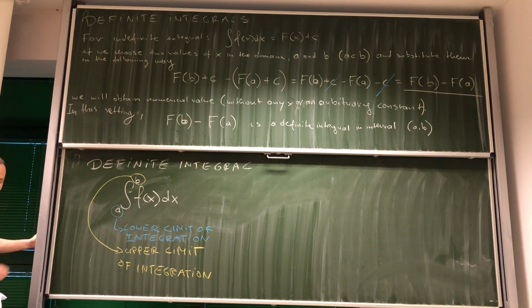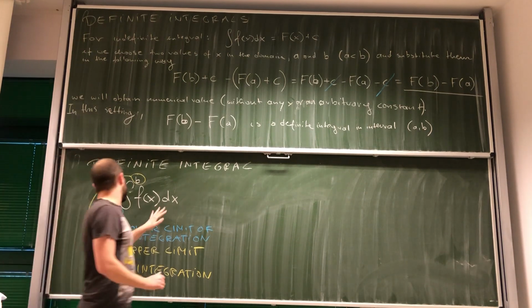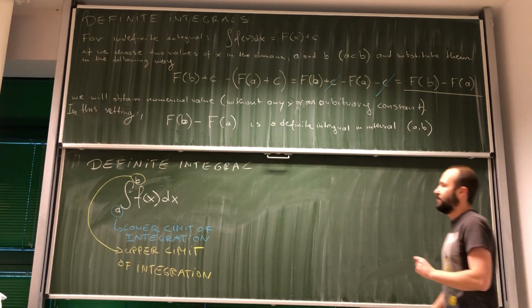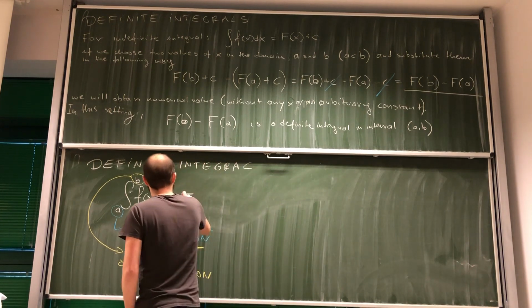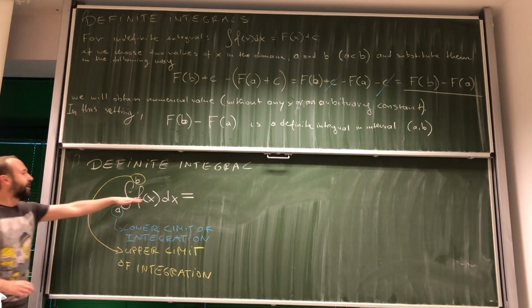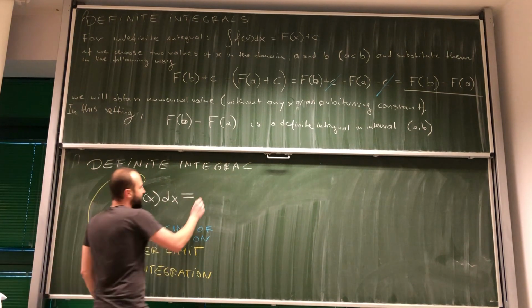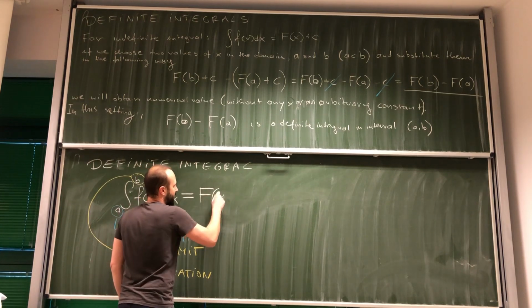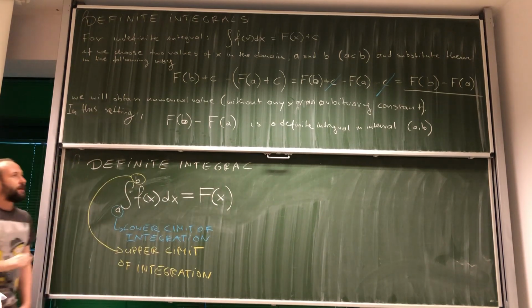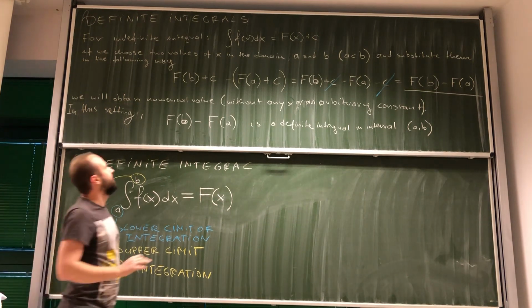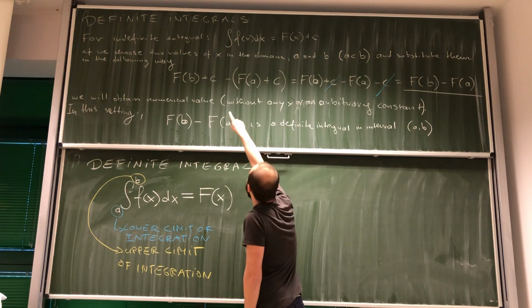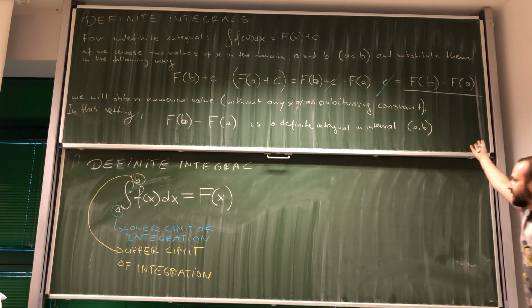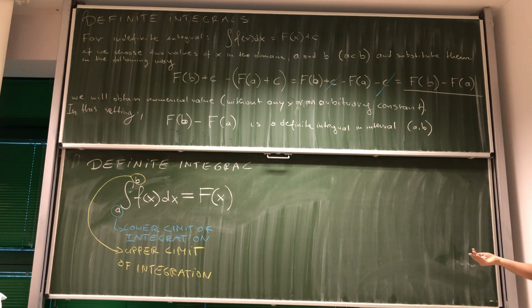Okay, and look, how do we calculate a definite integral? Look, first thing we need to do, of course, is to calculate the indefinite integral. So we will get here f of x. And look, very nice thing with definite integrals is that the c's are canceling each other out. So we no longer need to add c at the very end.